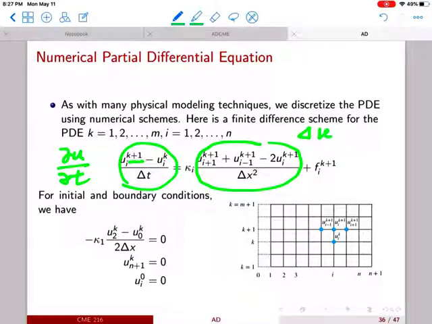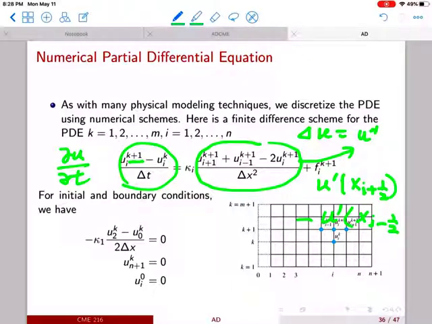Let's recall the Laplace operator in 1D is just u prime prime. So this is the discretization for u prime prime. The derivation is pretty simple. You just take u prime at x_{i+1/2} minus u prime at x_{i-1/2}, over h.